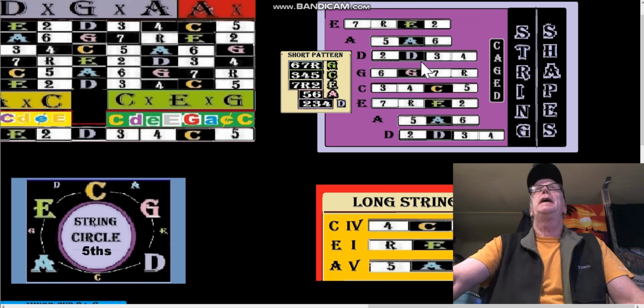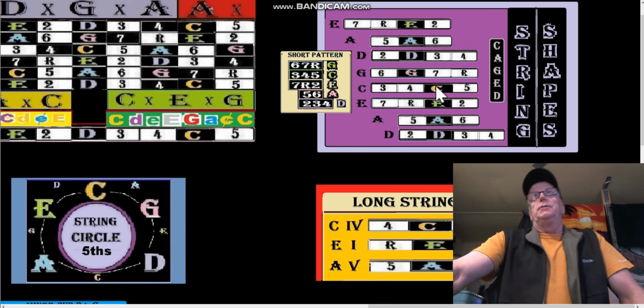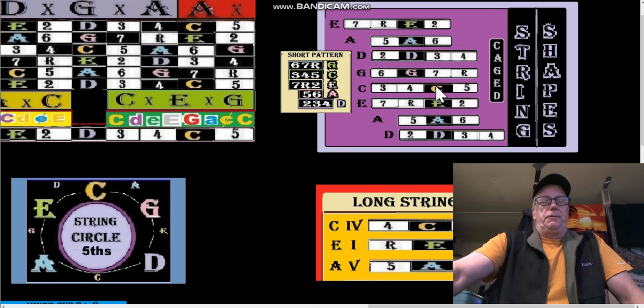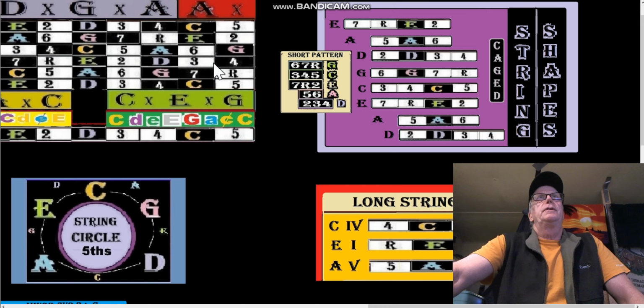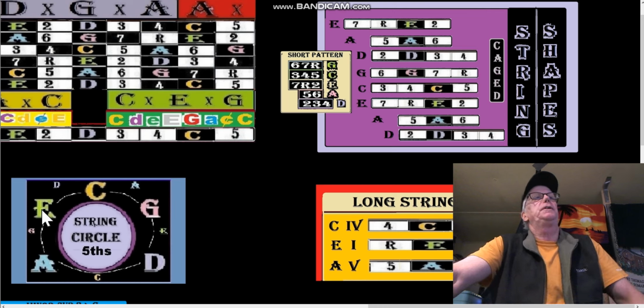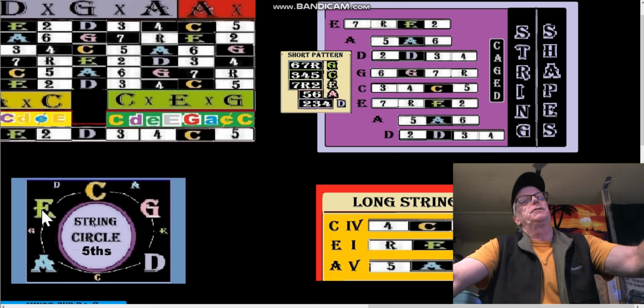When you're going down, we go C, E, A, D, G, C. So that goes in string shape fourths. Going backwards, remember that the fourth of C doesn't go to F in string shapes.